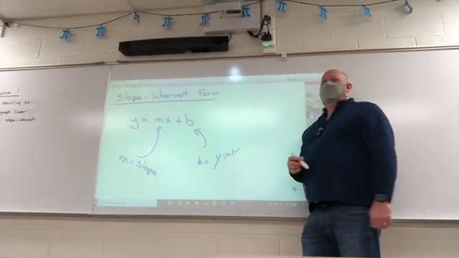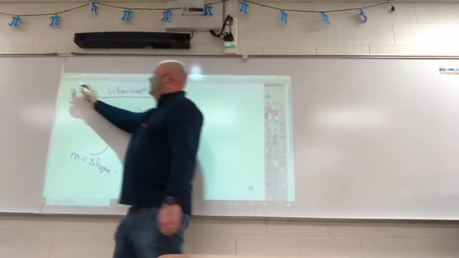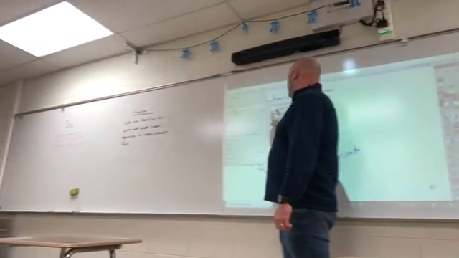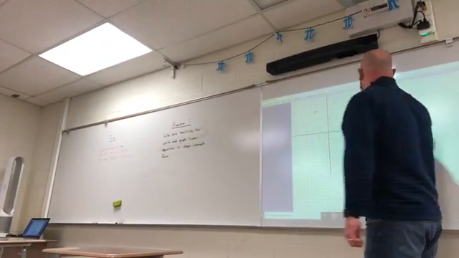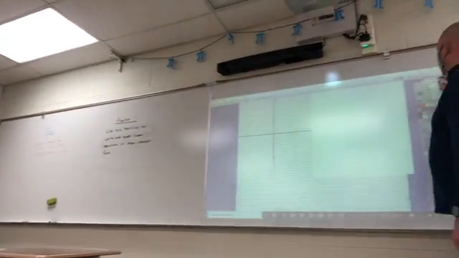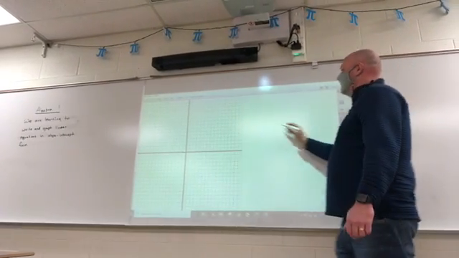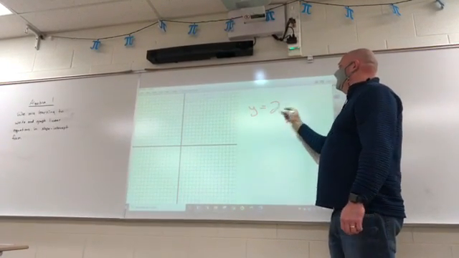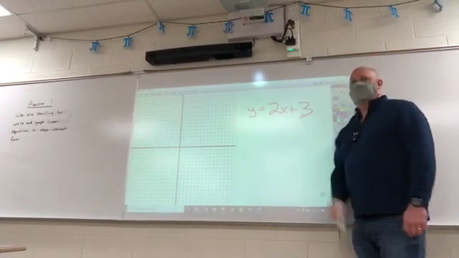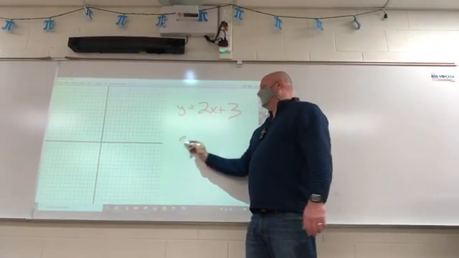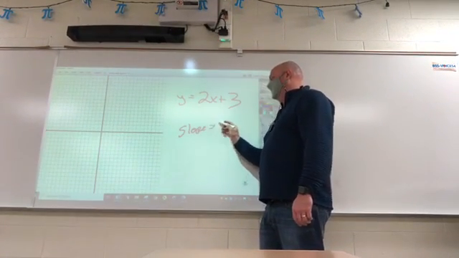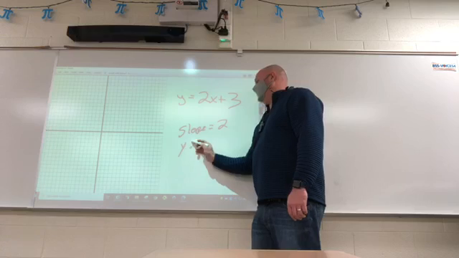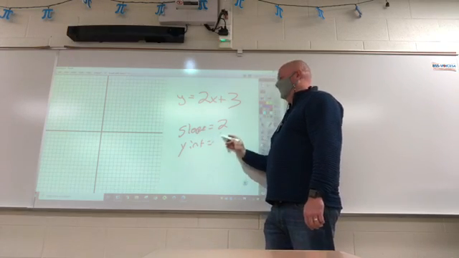So, here's how easy this is, and this is what I want you guys to be able to do. If you are given a line, say y equals 2x plus 3, what's my slope? 2. What's my y-intercept? 3.